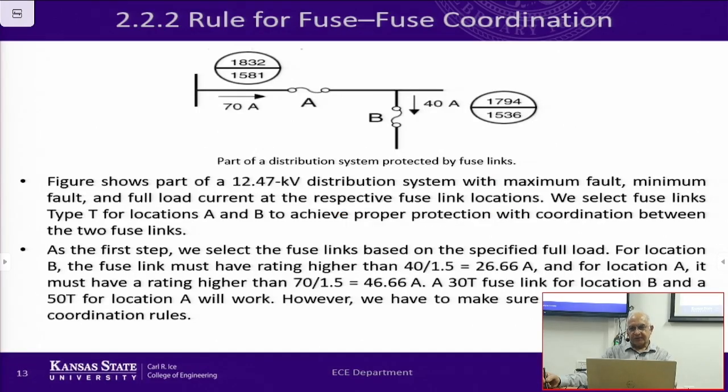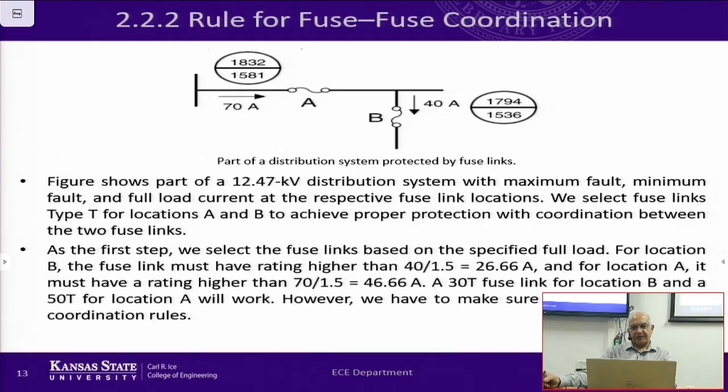As an example, let's consider a case where we have two fuses which are going to protect the system. We have a 40 amp load current here and a 70 amp load current here, and of course there is another tap here, which we don't need to worry about. In the circles are the maximum and minimum fault currents which will happen downstream of the fuse.